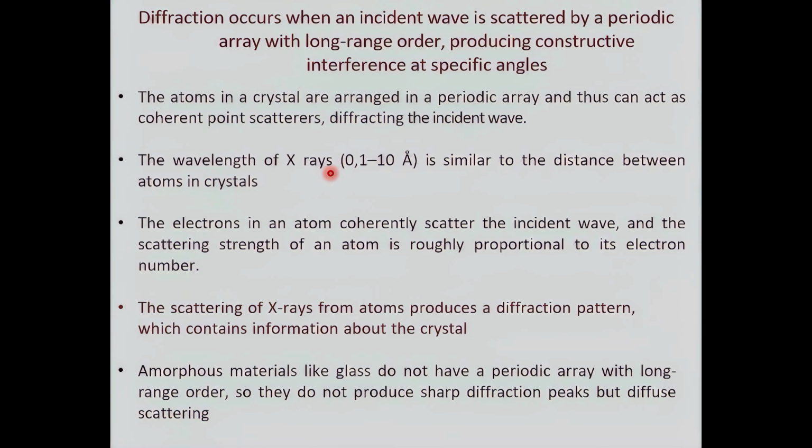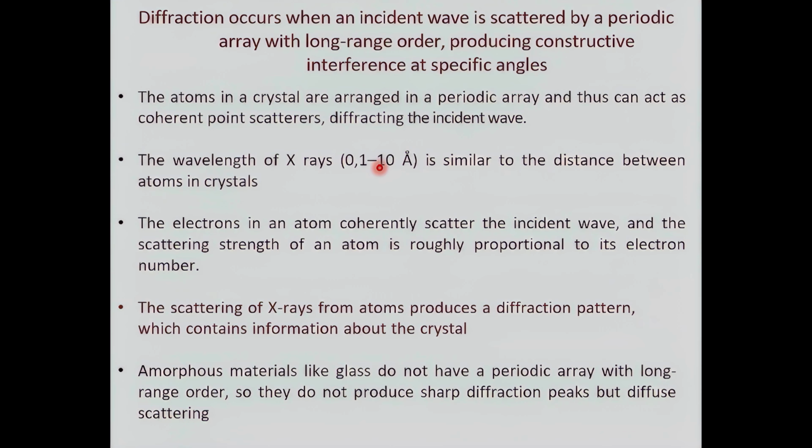Additionally, why do we use X-ray specifically? Because X-rays have a wavelength in the range of 0.1 to 10 angstrom, which is exactly the distance between the atoms inside the crystal, and then X-ray looks at the atoms in the crystal exactly as a periodic array, and then the atoms can act as coherent point scatterers, giving us a diffraction effect.